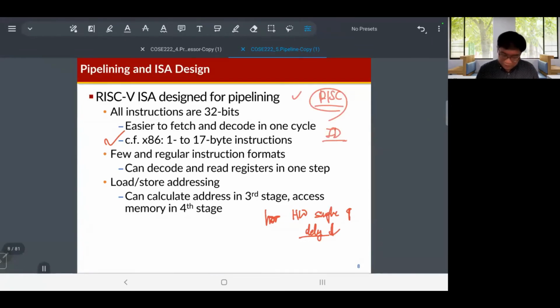For the CISC type instruction, the decoder structure gets more complex, so it's not good for hardware design. But RISC-V is relatively simple, so we can implement a simple hardware decoder for the RISC-V instruction. So it's also what we need to consider about the instruction design.